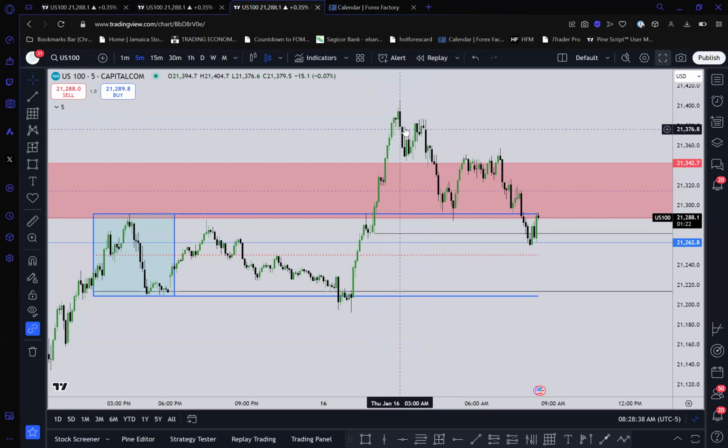So let's anticipate there's a high probability that maybe not this high, but this high gets traded to. For now, if this is bullish, then this is my objective. If we make a new high, then that's just a bonus. Let's wait and see.